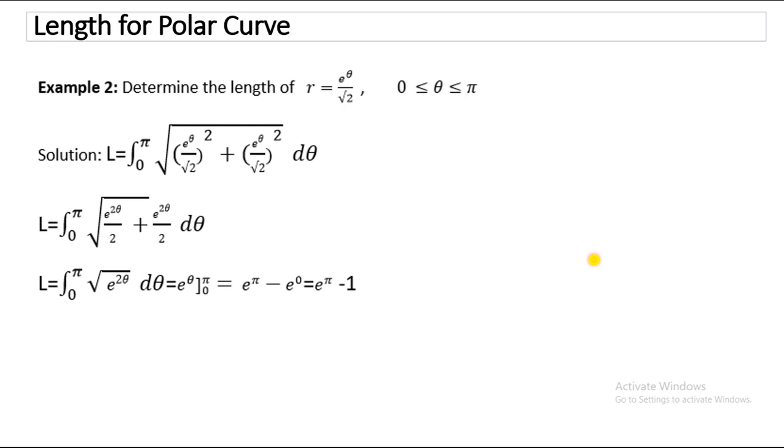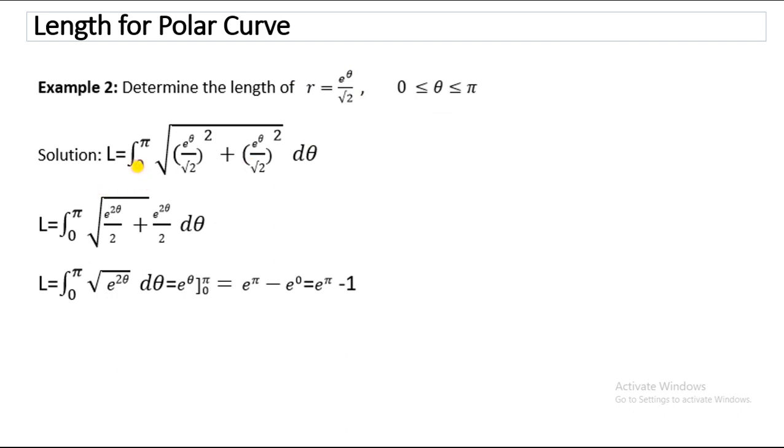Example 2. Determine the length of the curve r equals e to the theta over square root of 2, from theta 0 to theta equals pi. I want to find this length.